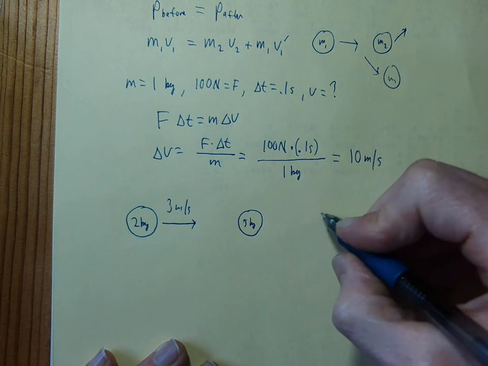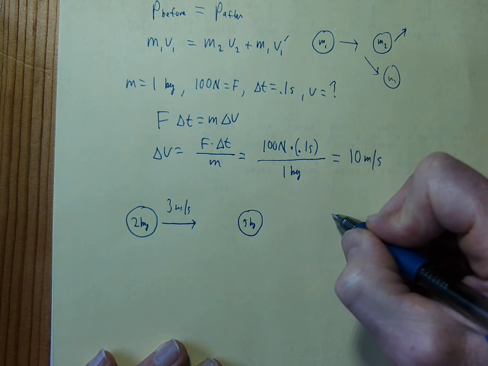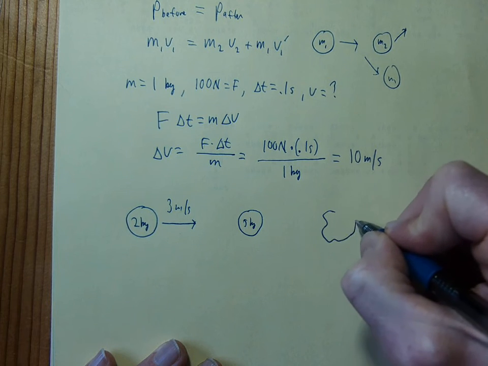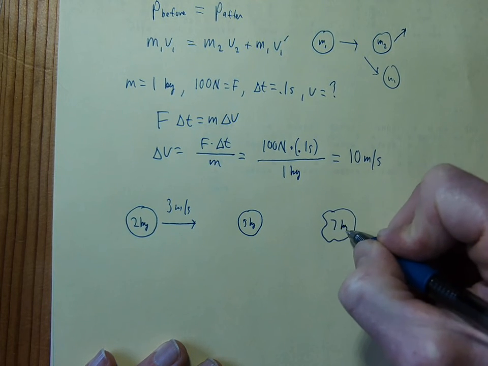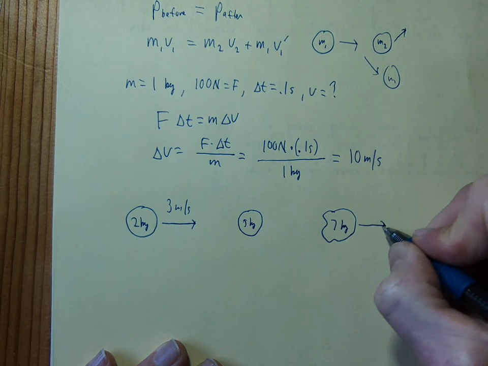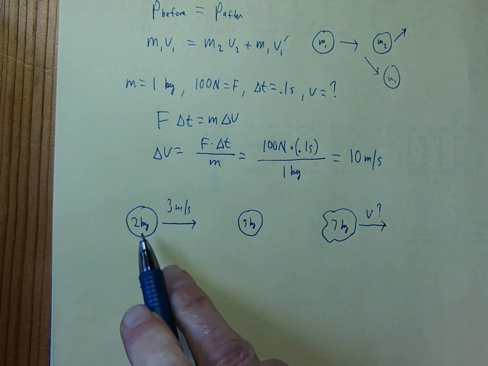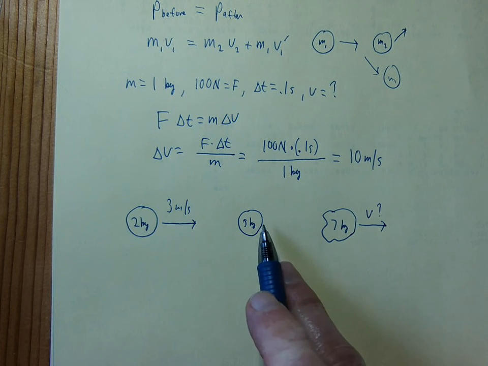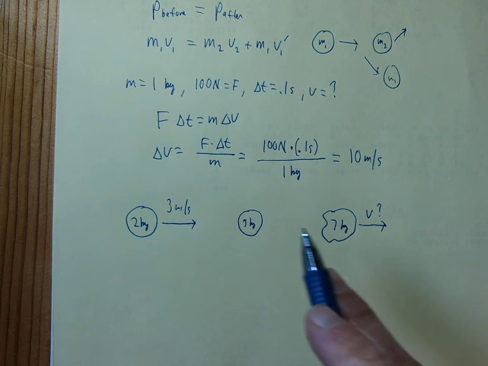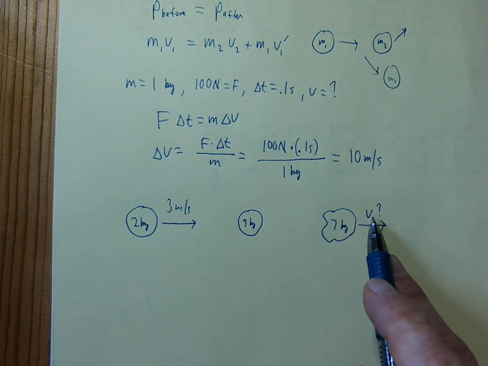So this is before, and afterwards we have basically a squished together 7 kilogram mass, and how fast is it going to be going? That's often what we want to know. So a 2 going 3 hits a 5 that's not moving, they stick together and make a 7. How fast is that moving?